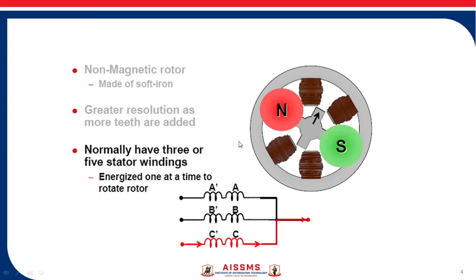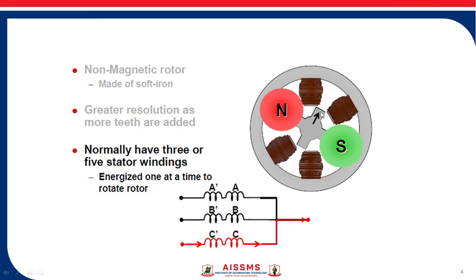When C dash is closed, this phase gets energized and forms the poles, and the previous A dash phase gets de-energized. When this gets energized, the rotor poles adjust themselves to the minimum reluctance path. So the movement of the rotor is in steps. The rotor moves by 30 degrees.